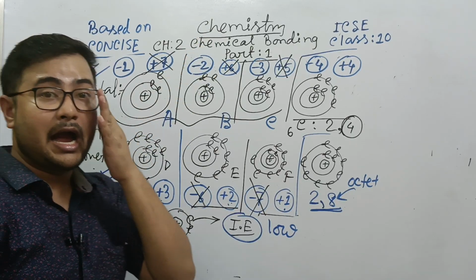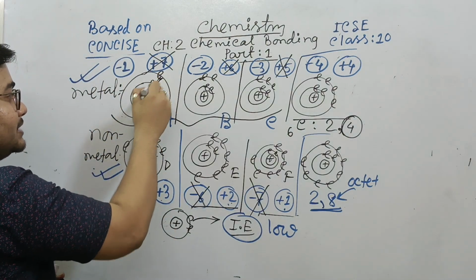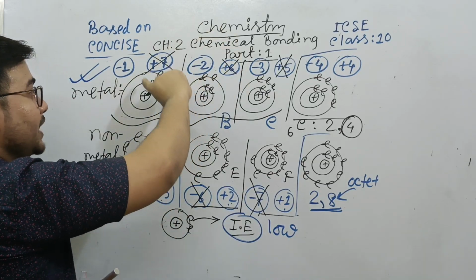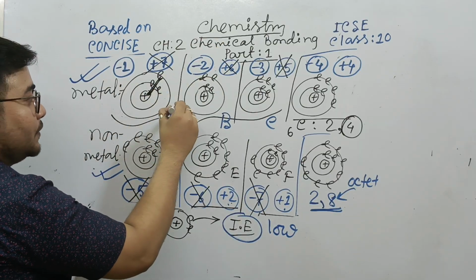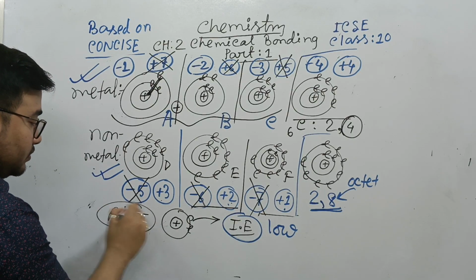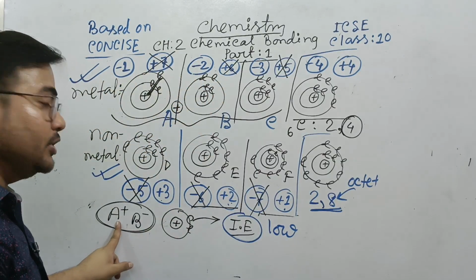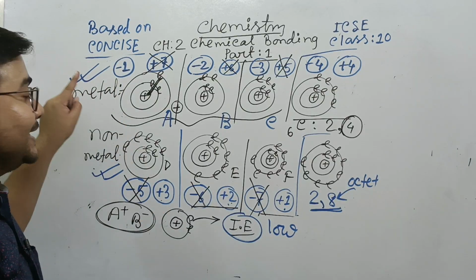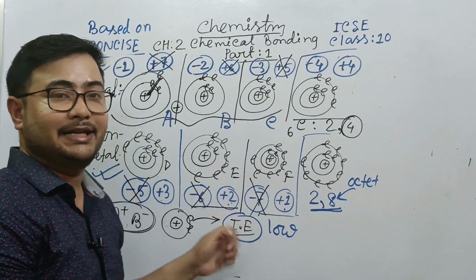But if a very high amount of energy is required, this atom attracts the electron with very strong force, so we cannot release it. Now if we cannot take out these electrons, this atom cannot form a positive ion. All of you know positive plus negative means electrovalent bond. If positive will not form, then electrovalent bond also will not form. So in case of metals, they must have low ionization energy.